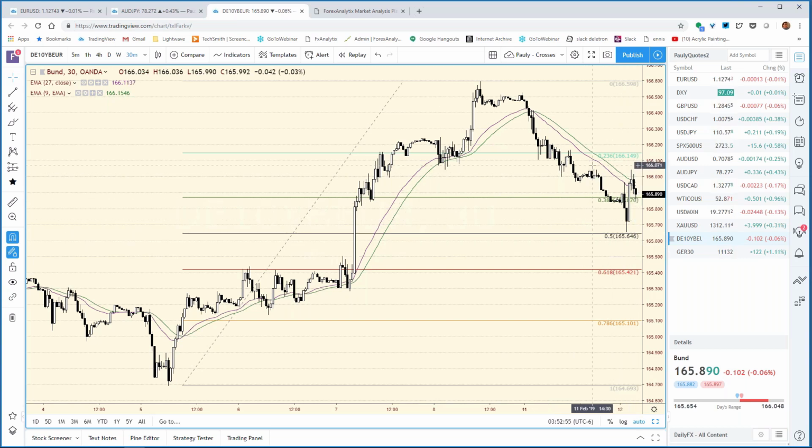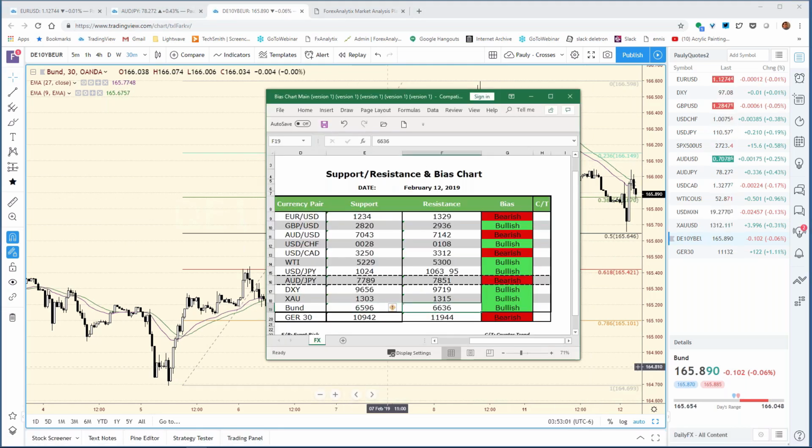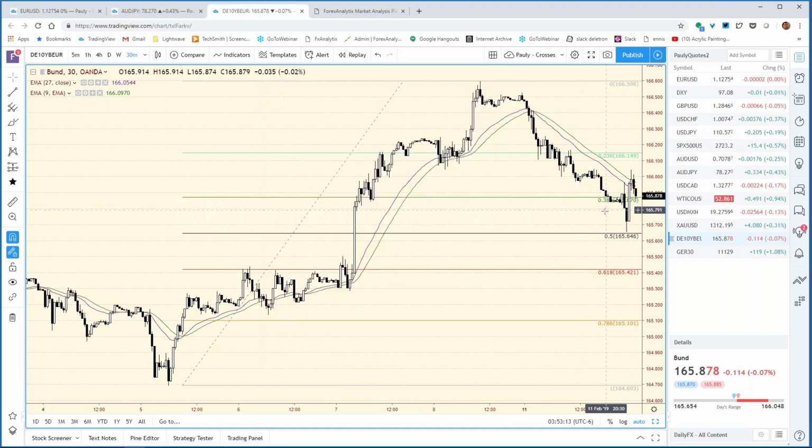Resistance is going to come in right there at 66.07. Support comes in right there, 65.72 for now.